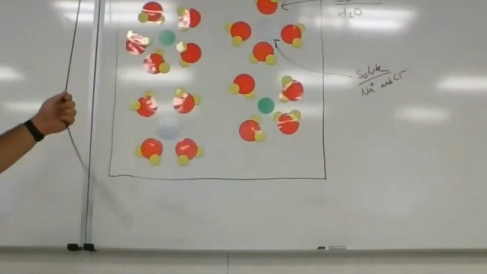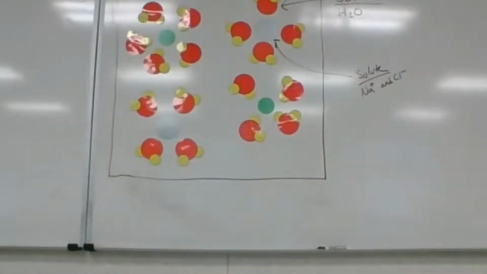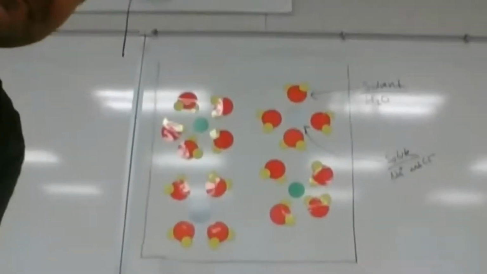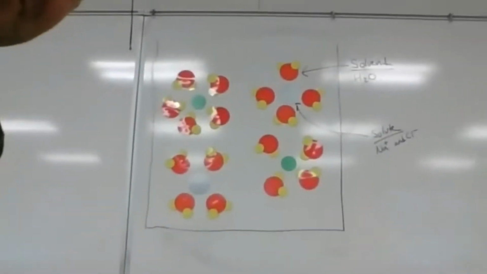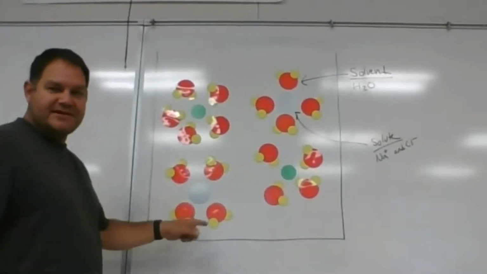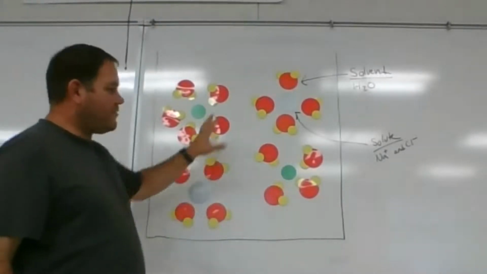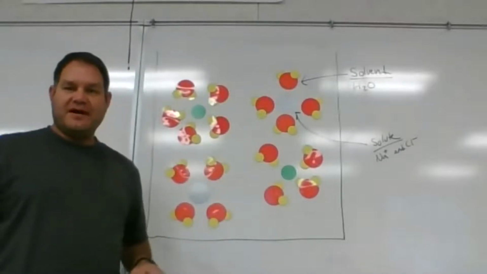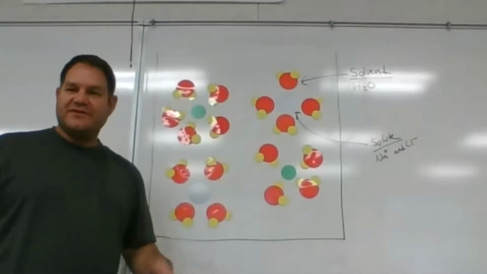Now I'm going to reveal our solution, our particle diagram. Okay, so what I have here is my beaker set up, and I have already taken my salt and dissolved it in water.